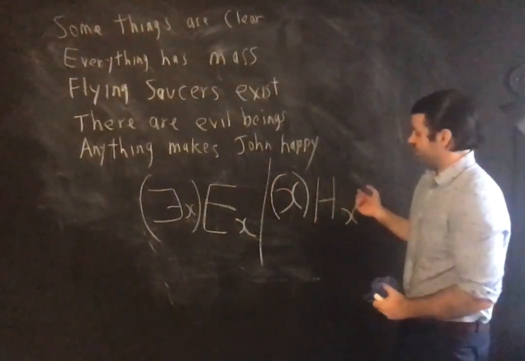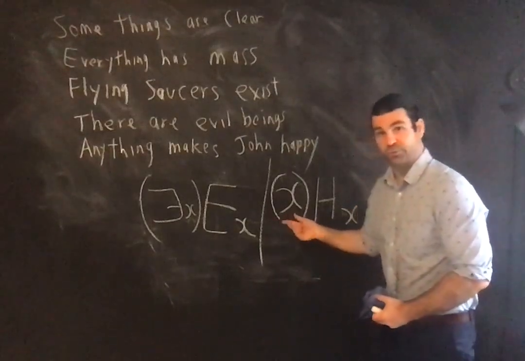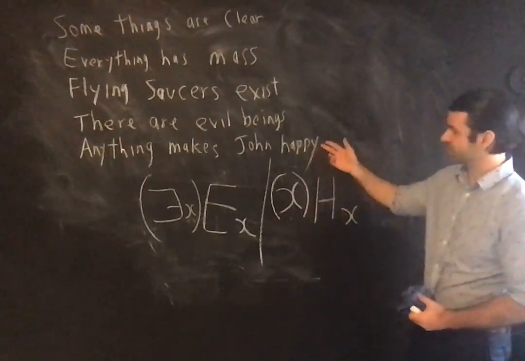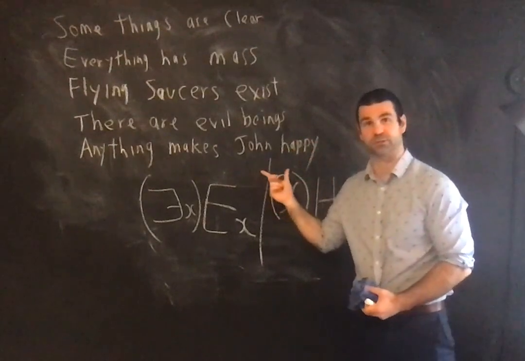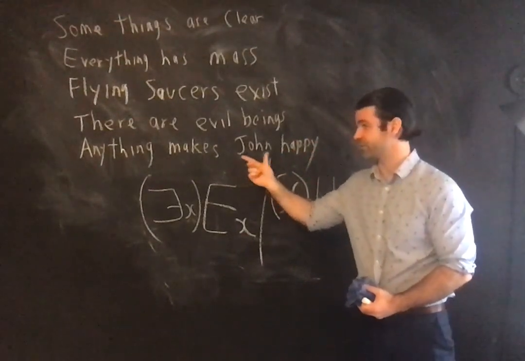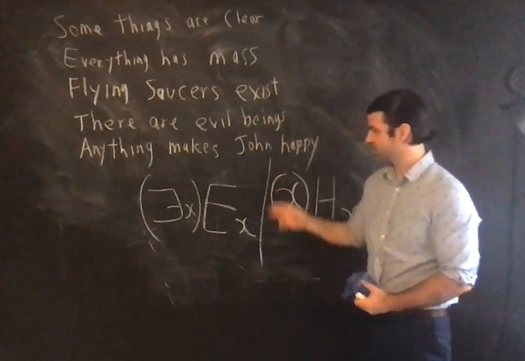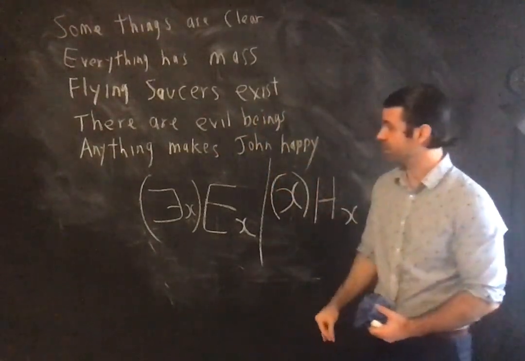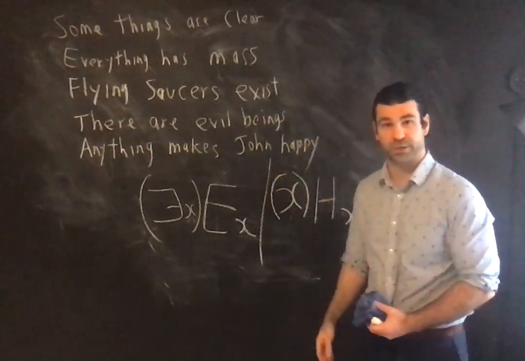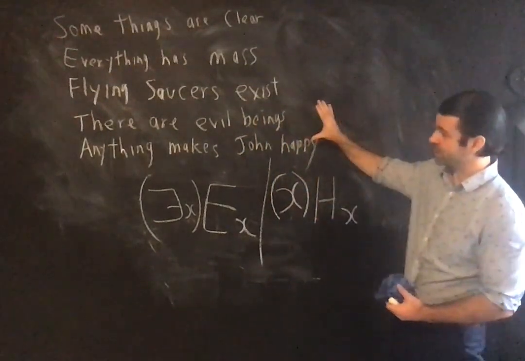Right? Anything makes John happy. For every x, it is true that x makes John happy. I'm saying of how many things the propositional function x makes John happy is true. How many things? Of all of the things. For all x, x makes John happy.